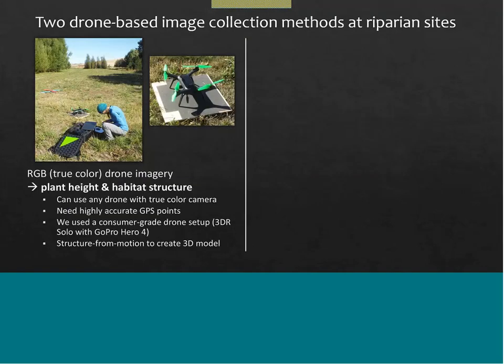So we tested out 2 drone-based image collection methods at about 9 different riparian sites across Whitman County with different riparian characteristics. Here on the left is an example, and this is with a consumer-grade drone setup. So here we have a true color, red, green, blue, or RGB camera mounted on the drone.